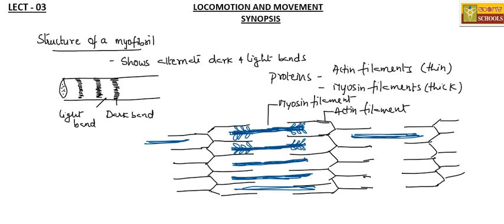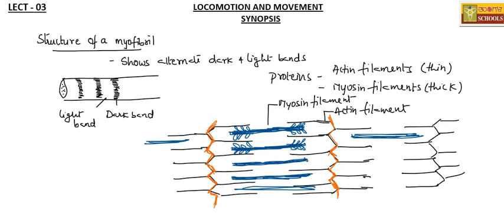Here, from this region, this zigzag line to another line here, will form a functional unit that we call the sarcomere, which we'll see here.